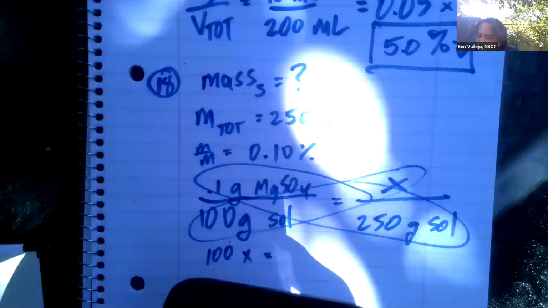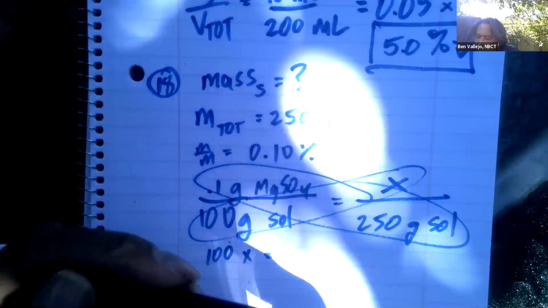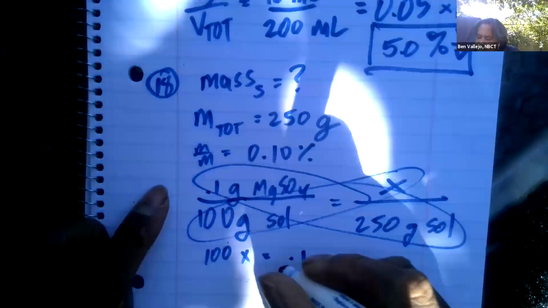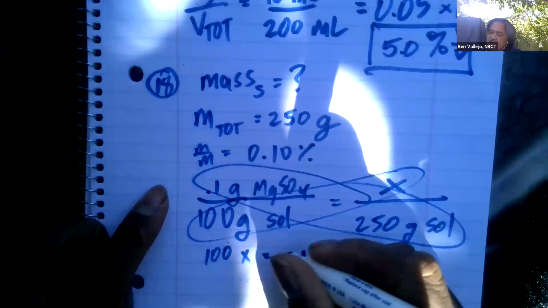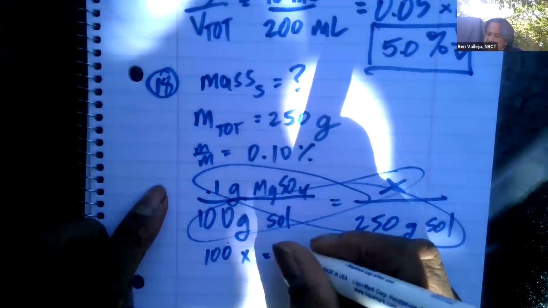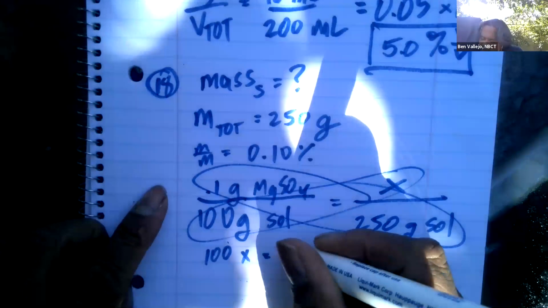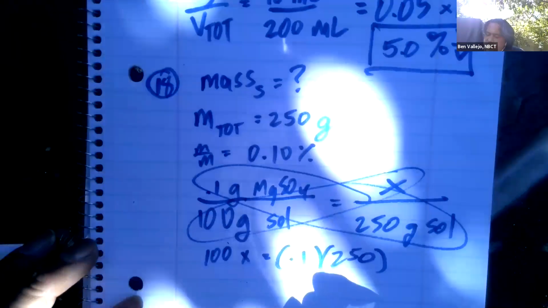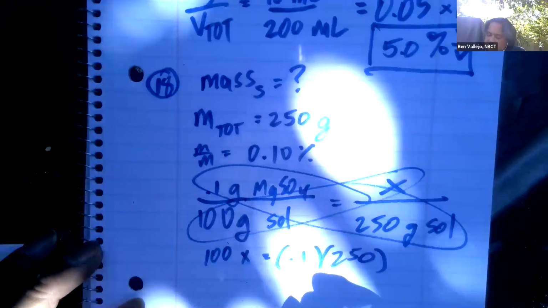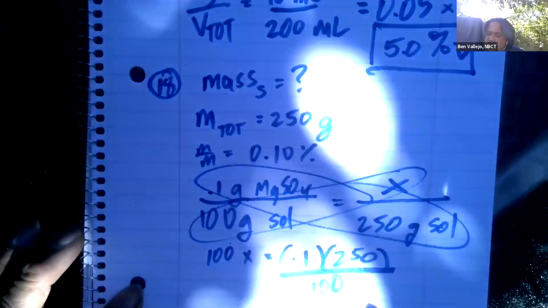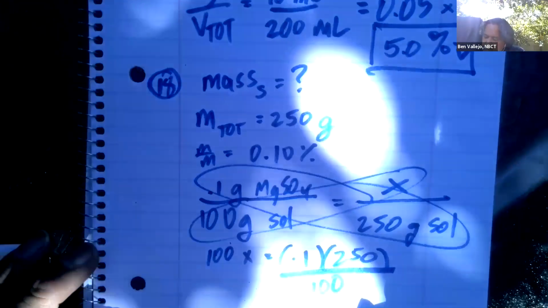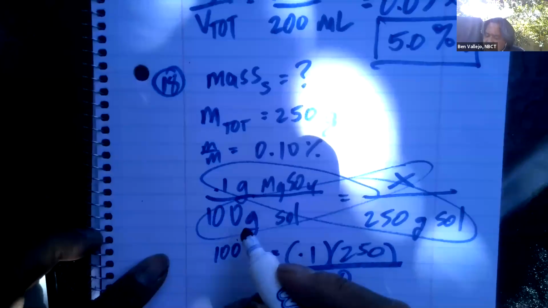So I have 0.1 times 250, and this is going to be 25, but then 25 over 100, because I've got 100 here. If I divide both sides by 100, I'm left with x.